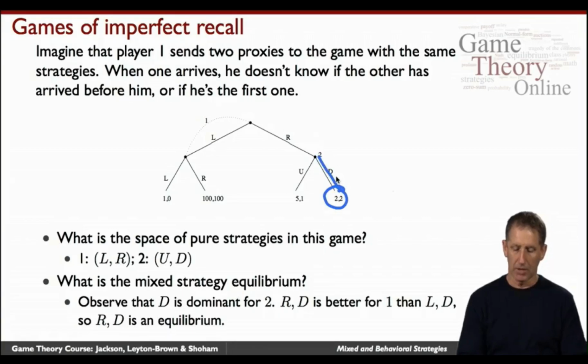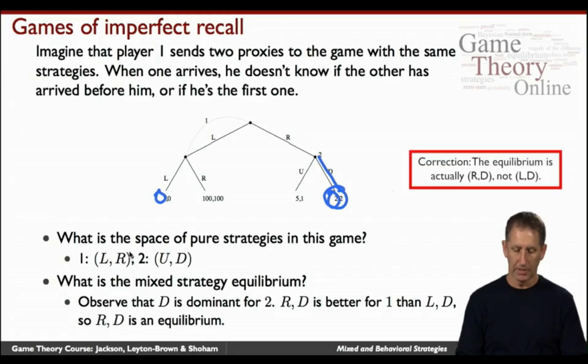No matter what the other player does, player 2 is no worse off and in general better off by playing D rather than U. And so a best response for player 1 to player 2 playing D is playing R, because they would get a payoff of 2 rather than a payoff of 1 if they played L. And so R, D is in fact an equilibrium in this game.